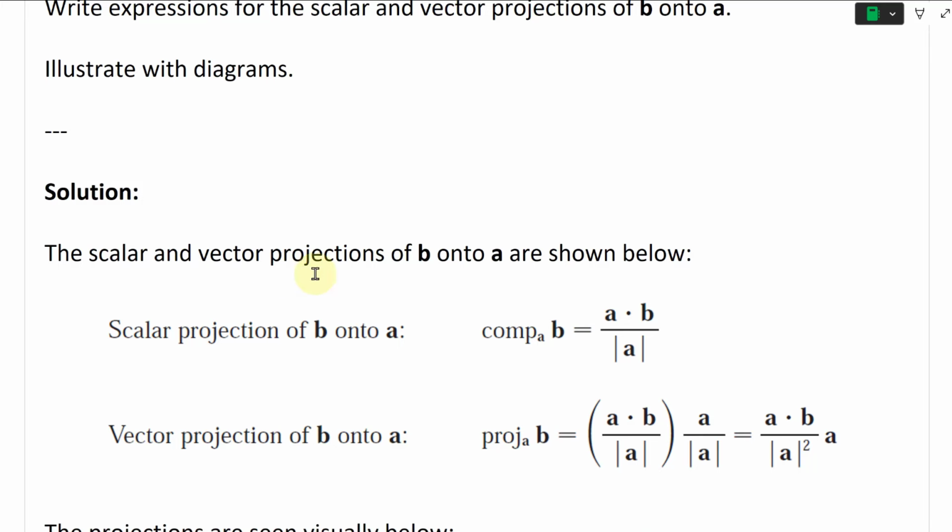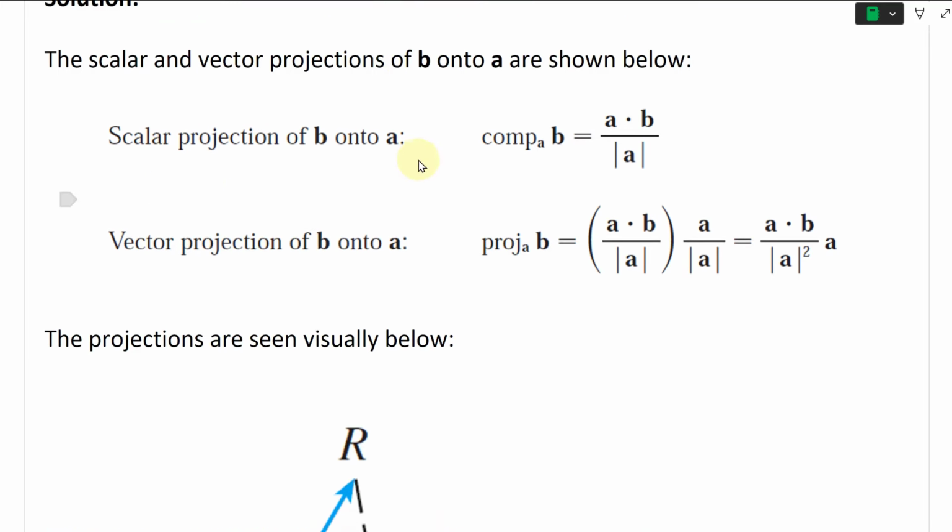The scalar and vector projections of B onto A are shown below. Here's the scalar projection of B onto A, the component of B onto A, that's the way you write it.